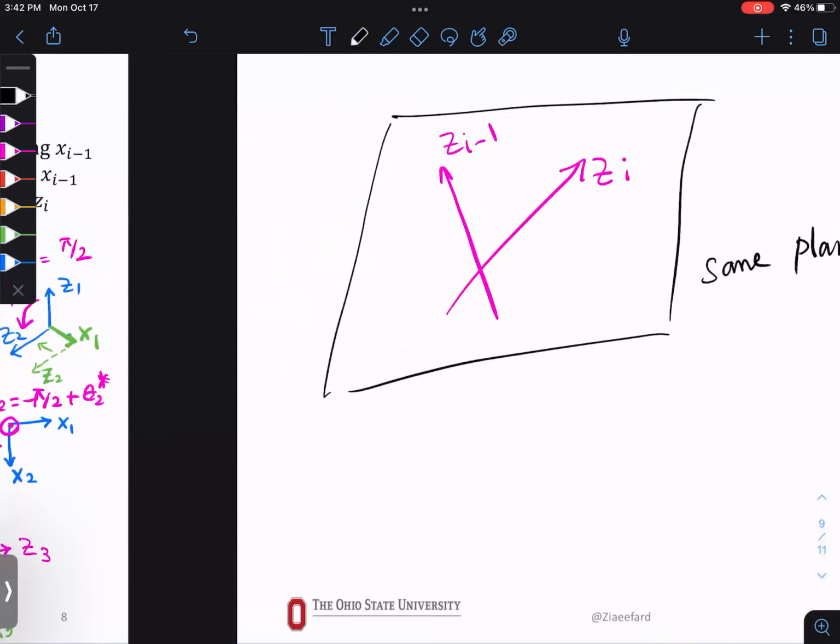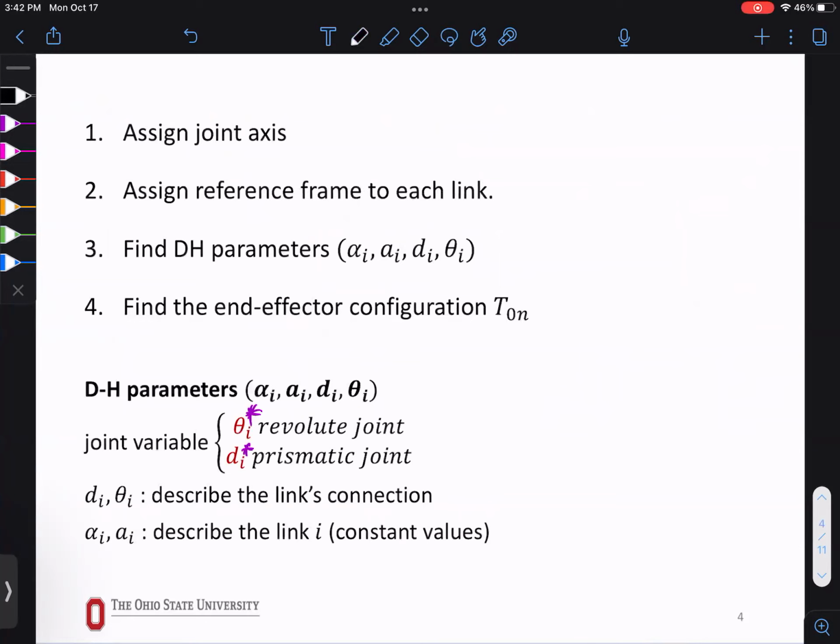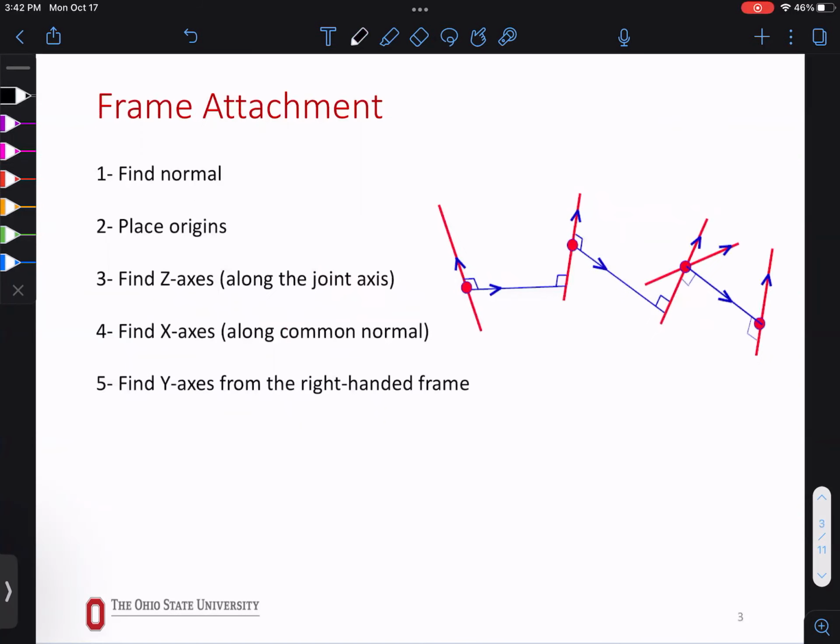Why is that important? Because we draw our x axis, where is it? Here. We need to find the common normal between the Z axes to draw our x axis. Make sense?